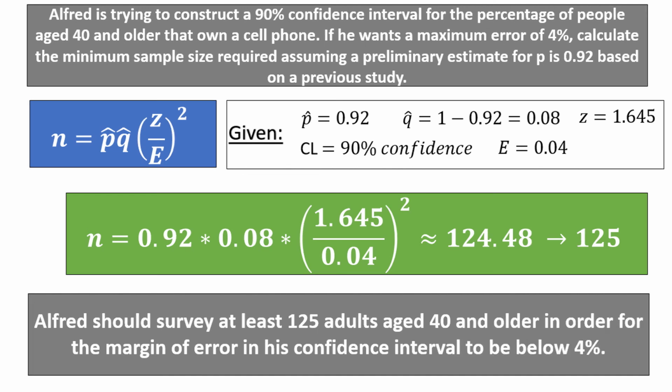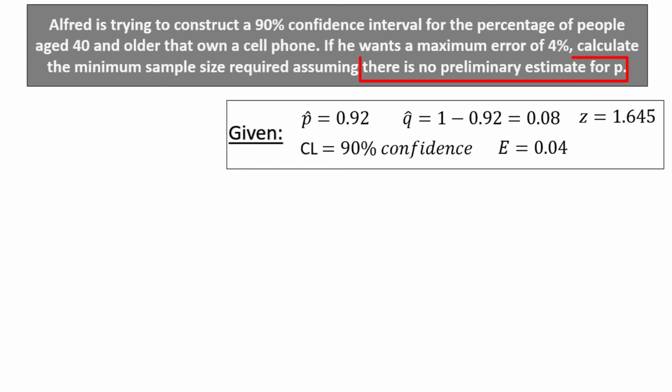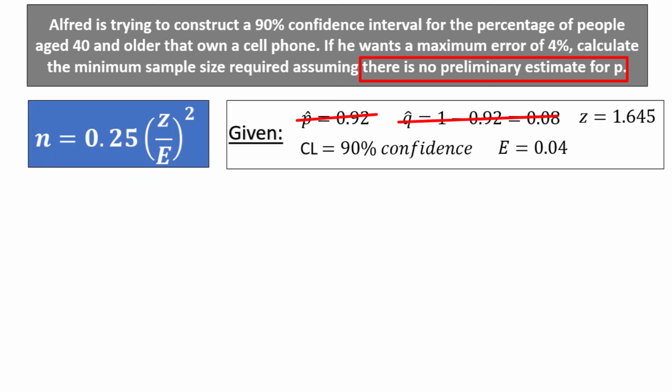Now, how would this process change if there were no preliminary estimate for p? That means we wouldn't have p hat or q hat. Well, then we would be using this formula, n equals 0.25 times (z over e) squared, which we introduced earlier and should be used when there is not a preliminary estimate for p. We already have all of the numbers that we need, so we can plug into the formula.